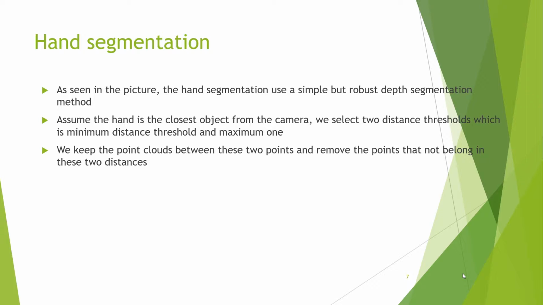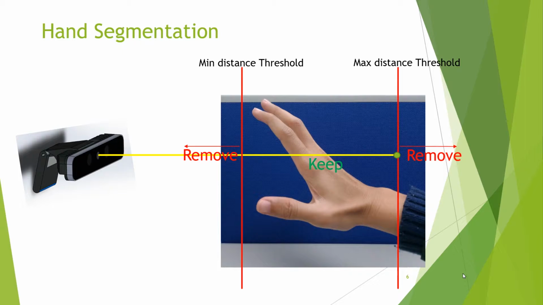We select the two distance thresholds by trial and error, and then we keep the point cloud of the hand that lies between these two thresholds, and remove the points that do not, which are the points near the camera and beyond the max distance threshold.